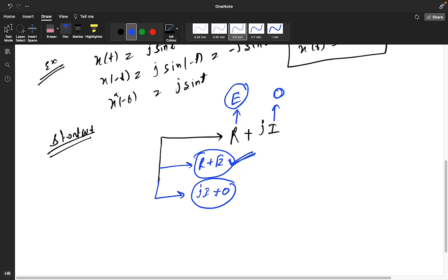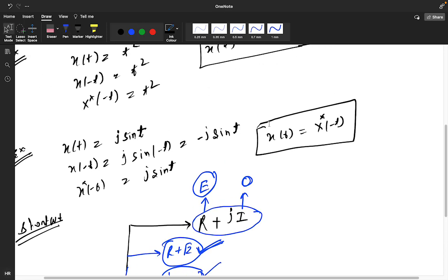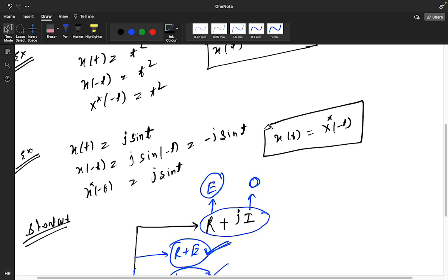And if you are getting only the imaginary part, then it should be an odd signal. It's better to remember this part.